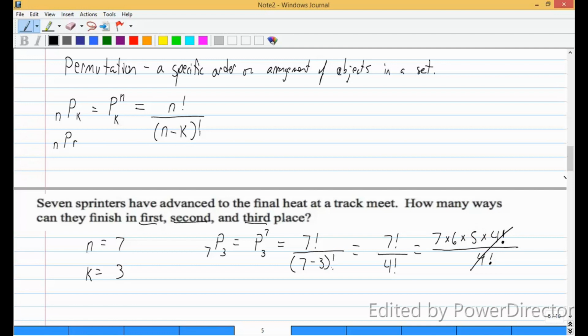If you were doing this by hand, it's a lot easier to do 7 times 6 times 5. All right, so that's 210. So if I had 7 sprinters, there's 210 ways that those 7 sprinters could place first, second, and third in a race.